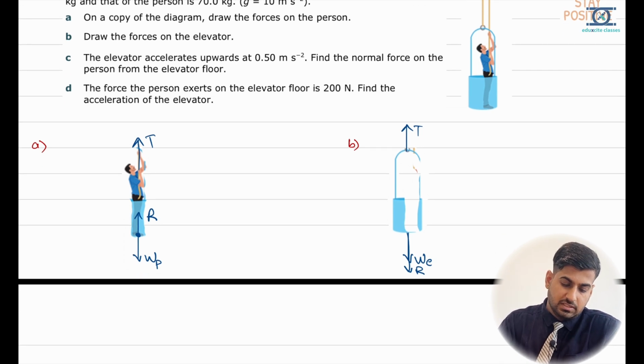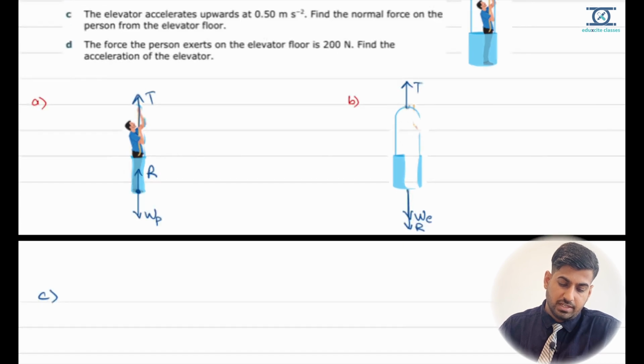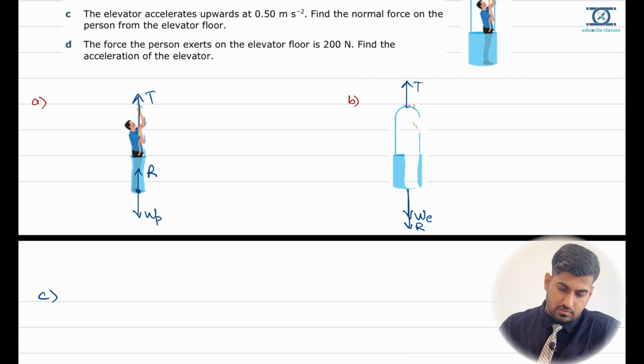Now in part C, the question says the elevator is accelerating upward, okay, with 0.5 meter per second square. Find the normal force on the person from the elevator floor. So what we can do is make the equation using Newton's laws of motion. For the elevator accelerating upward, I can make the equation like T plus R minus WP is equal to mass of the person times acceleration, right?